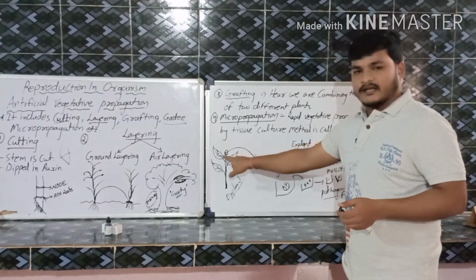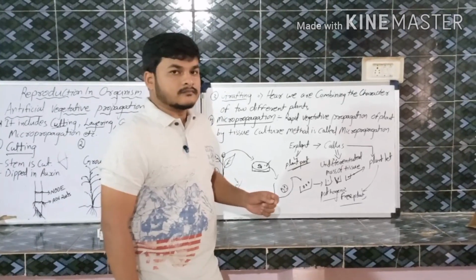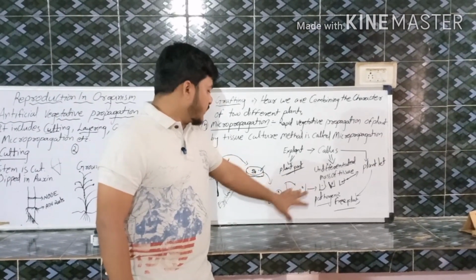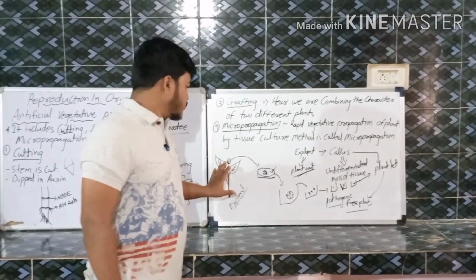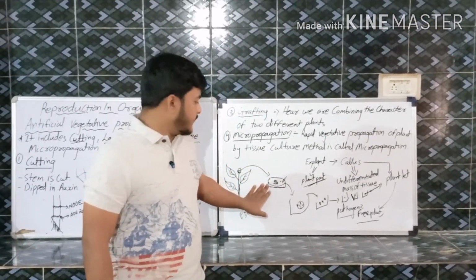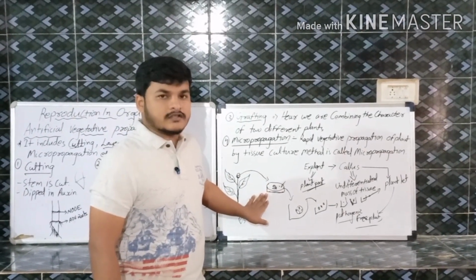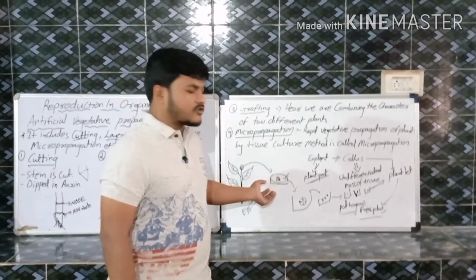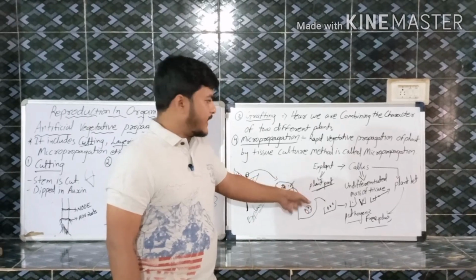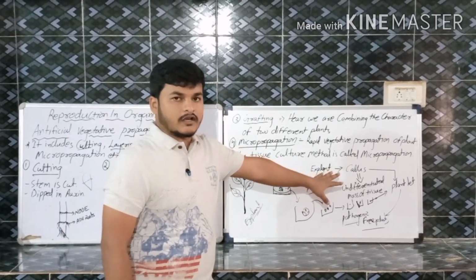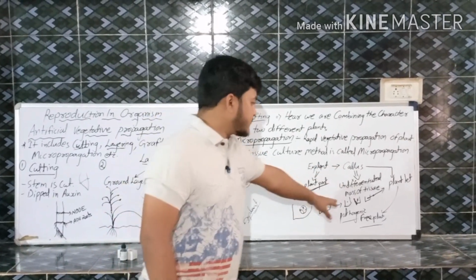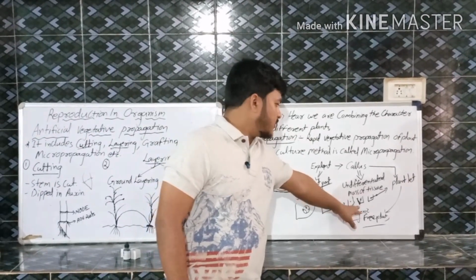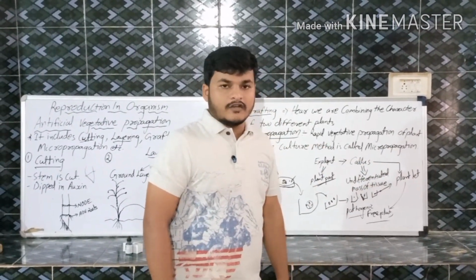In this process, we use a simple growing tissue, and the growing tissue is dipped in a solution containing a number of nutrients. After some time, it forms a callus-like structure, and the callus is again cut into a number of plantlets, and the plantlets are dipped in some nutrient medium to give rise to a number of new plants.